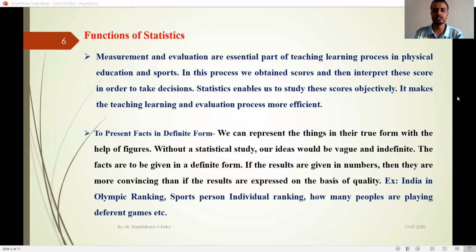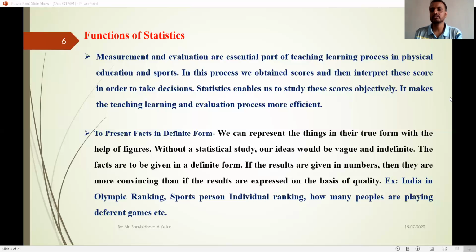The facts are to be given in definite form. If the results are given in numbers, then they are more convincing than if the results are expressed on the basis of quality.